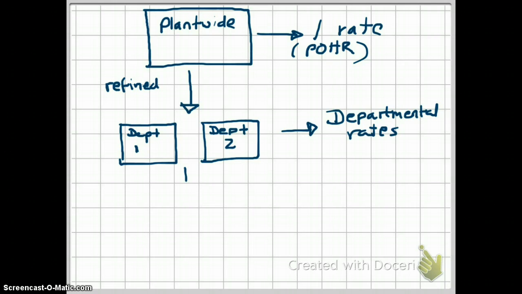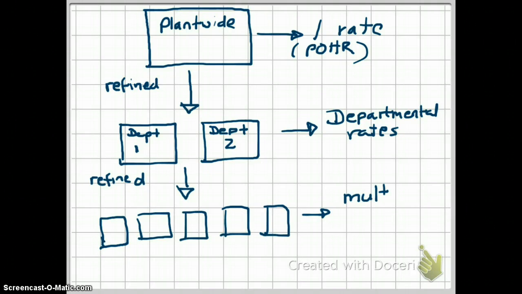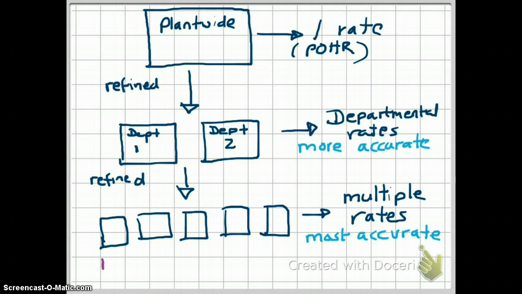There we calculated 2 or more rates depending on how many departments the company had. Then we refined it further and used activity-based costing, where we calculated multiple rates to allocate manufacturing overhead or indirect costs. The departmental rates are more accurate than the plant-wide rate, but calculating multiple rates is the most accurate.